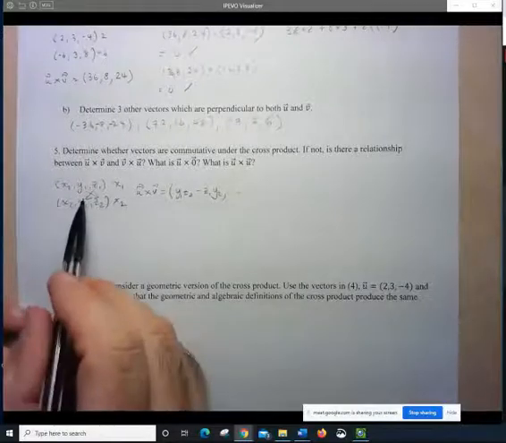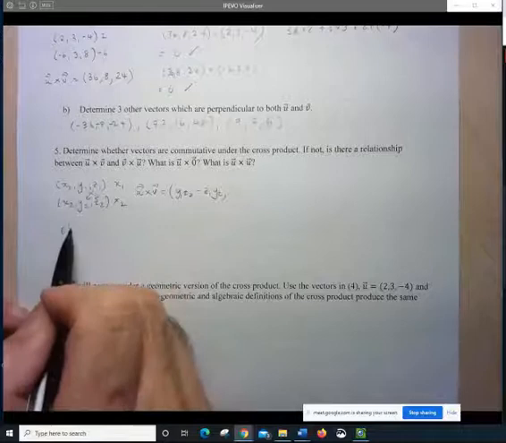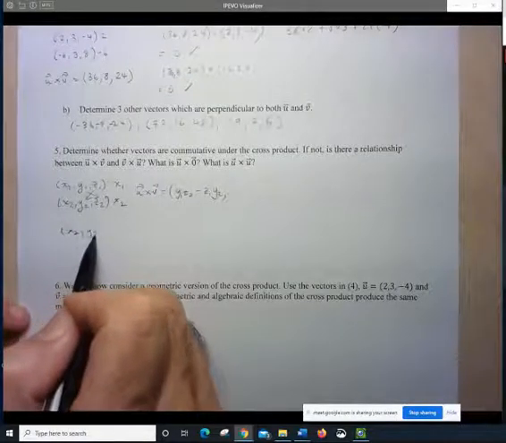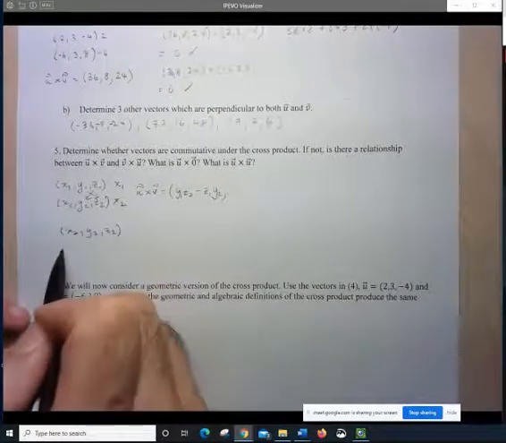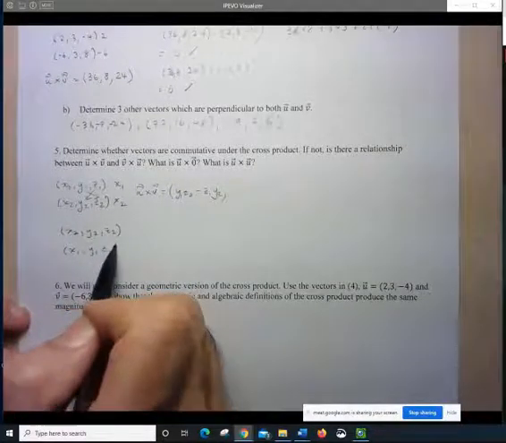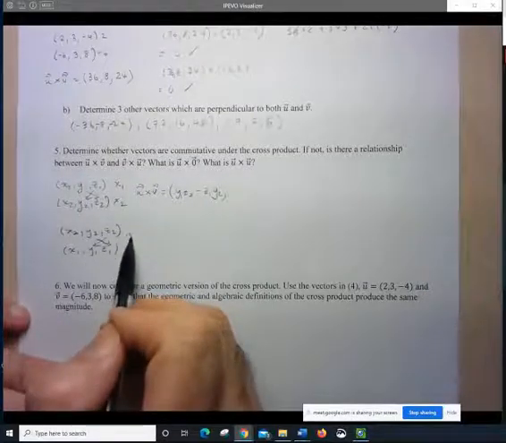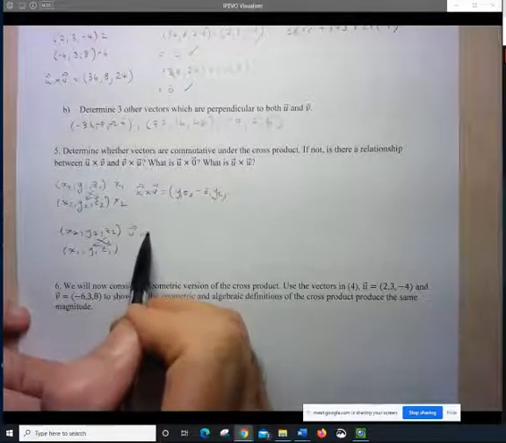Let's see what happens now if I take V cross U. In other words, I put the second one on top, X2, Y2, Z2, and X1, Y1, Z1. Well, if I now apply my rule, what do I end up with here when I do V cross U?